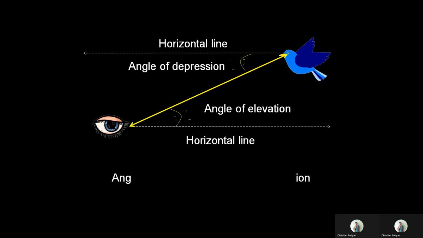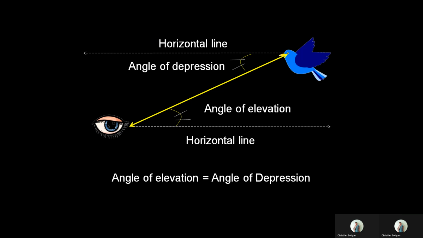So thus it means that the angle of elevation is equal to the angle of depression by the alternate interior angles. Now, can you see now the relationship of the angle of elevation and the angle of depression?